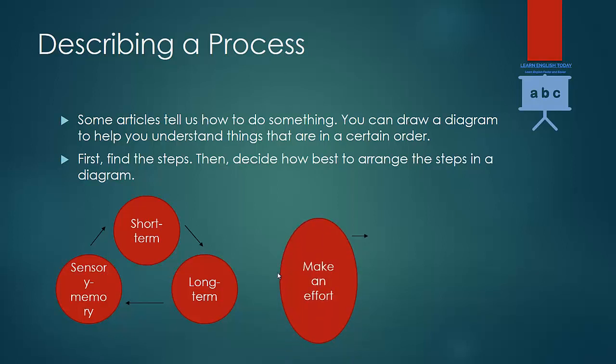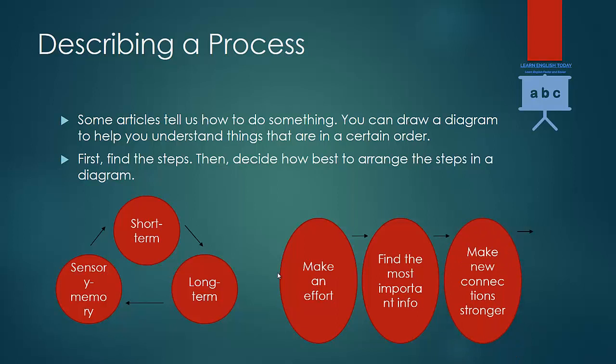The first one is make an effort. Next, find the most important information. Next, make new connections stronger. And the last one is give the new material time to soak in. It is another method you can visualize. You can put the information in a diagram to remember it faster and easier.